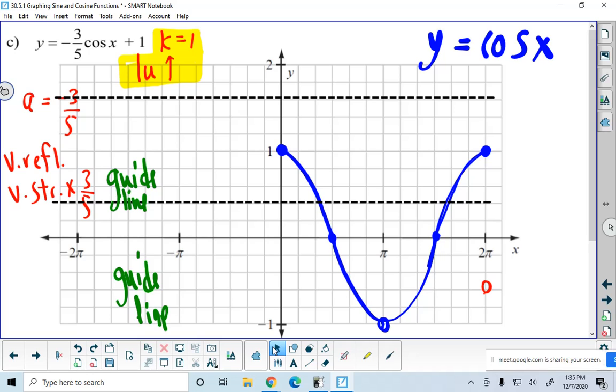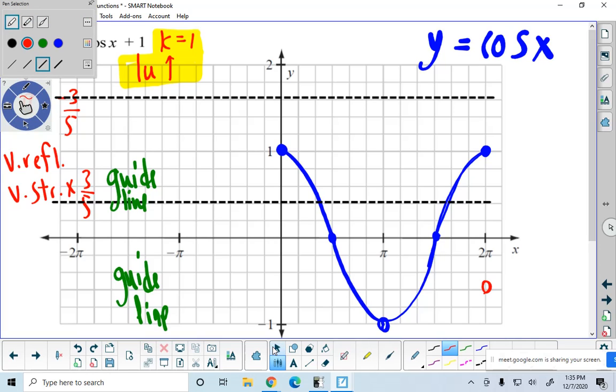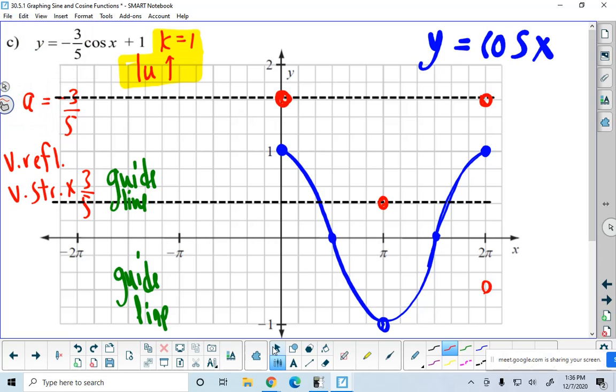Cosine normally starts at the top. This is the top now. And it goes through one complete cycle back to the top, which means cosine would go down, down, up, up. Except because of the negative, it starts at the bottom. It has to start at the bottom going up, returning to the bottom at 2 pi. So we split this up into 4 equal pieces.